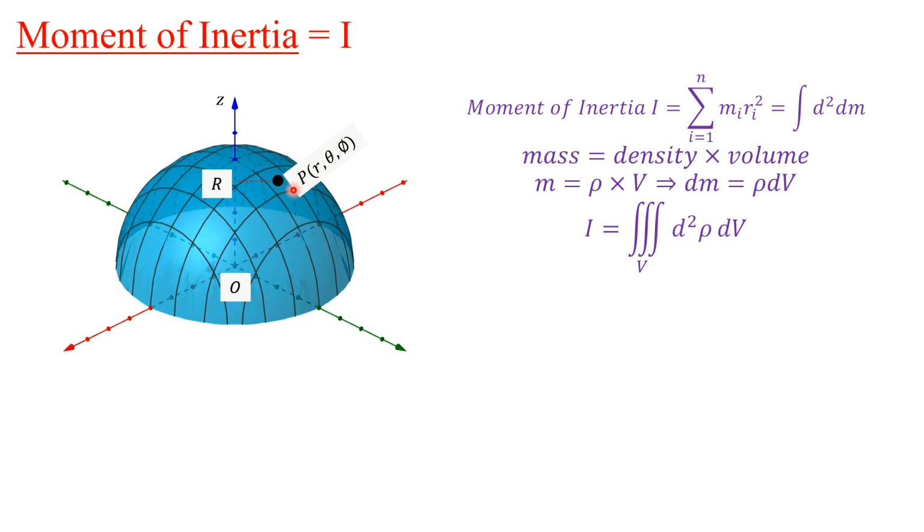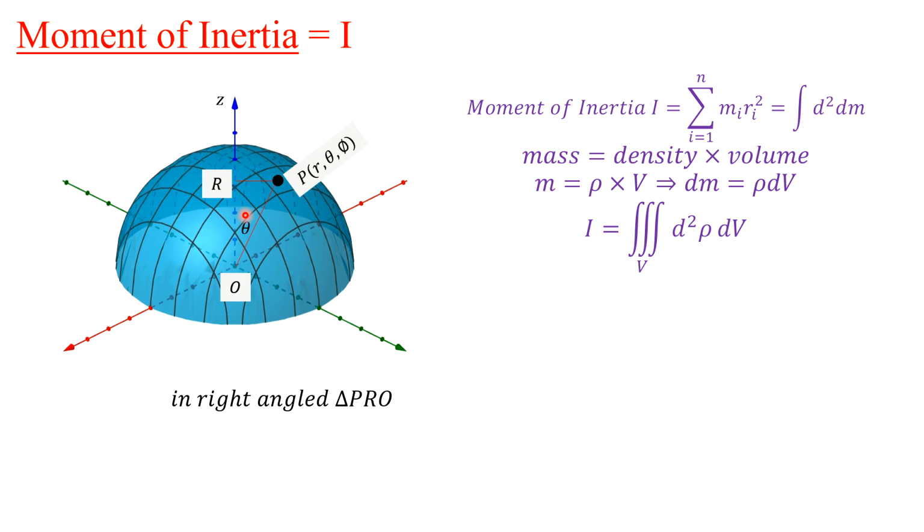Let's join O and P. The angle between the z-axis and OP is theta. This theta, the second coordinate of P, is the angle between the z-axis and the radius vector. Now we have the right angle triangle PRO.